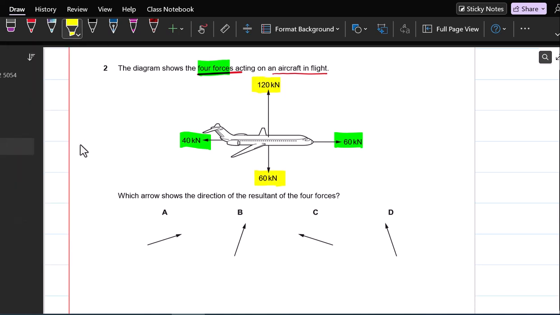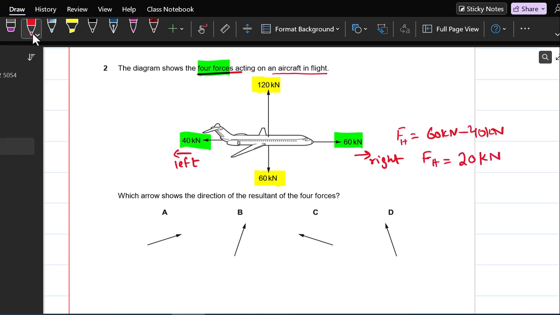So let's find the resultant of the horizontal forces. The resultant of horizontal force is 60 kilonewton acting to the right, minus 40 kilonewton which is acting to the left in the opposite direction. If you subtract this, the resultant of the horizontal forces comes out to 20 kilonewton.